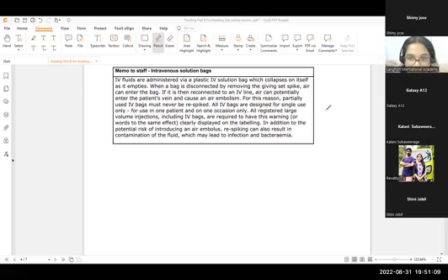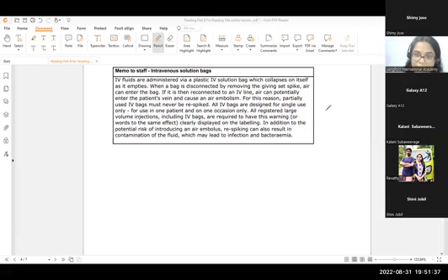If it is then reconnected to an IV line, air can potentially enter the patient's vein and cause an air embolism. So when you disconnect it, there is a chance for air to enter, and if you reconnect that IV line, that air can enter the patient's vein and cause an air embolism.